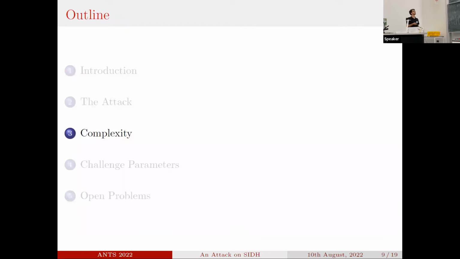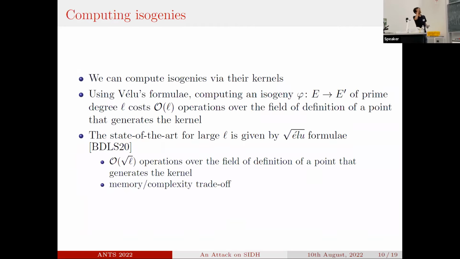So now let's move on to the complexity. Before finding some conditions on what we could use as a cofactor isogeny, I need to give some details on the complexity of computing isogenies. First of all, it's worth noting that we can compute isogenies via their kernels, and using various formulae to compute an isogeny of prime degree L, the cost is O(L) operations over the field of definition of the point that generates the kernel.